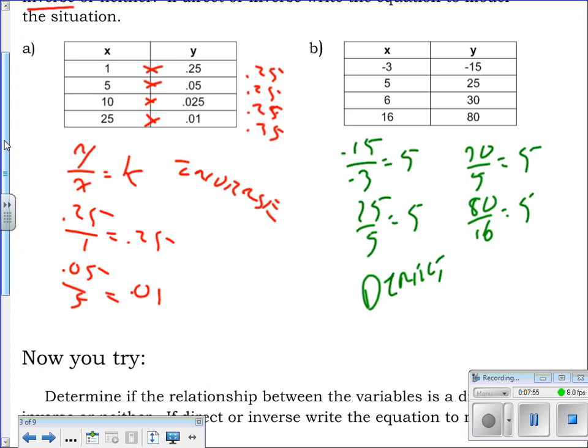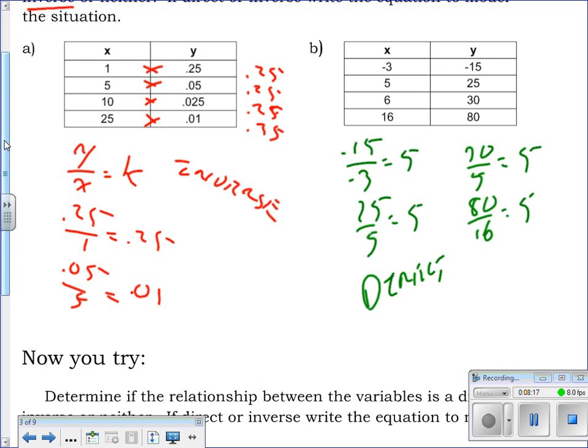So, on this one, let's do the inverse first. When I multiplied them, what did I get? I ended up getting 0.25. So my constant is 0.25. I have two ways I can write this equation. Either one will work.